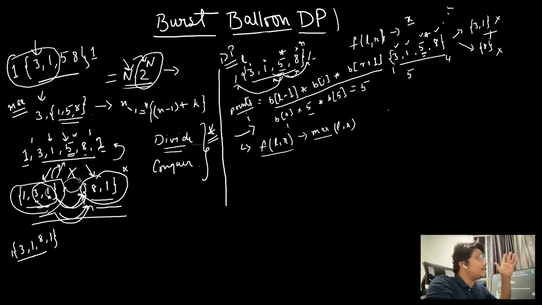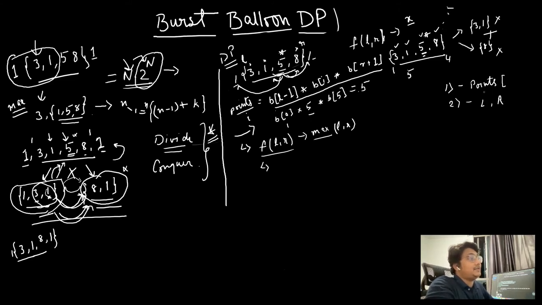Okay, so if we take all the conditions into account to create an equation to solve this function, what would that be? So we have two elements in the solution. The first one is points, which we will get after bursting the balloon. And then the second part is the solution from left subtree and the right subtree.